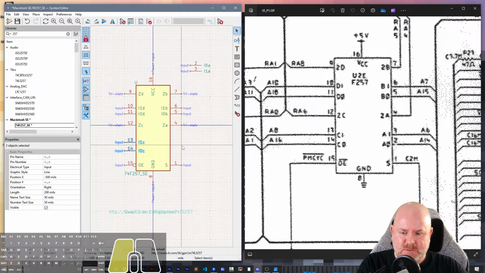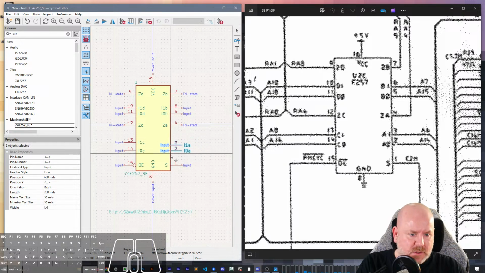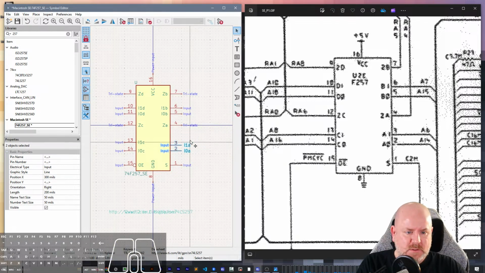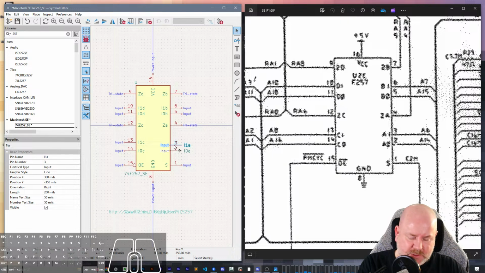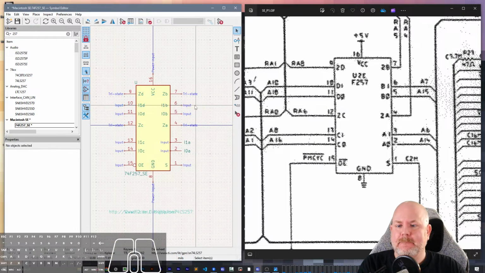Maybe about there. And then I'm missing these two, which is 2 and 3. And they probably line up something like this. There.